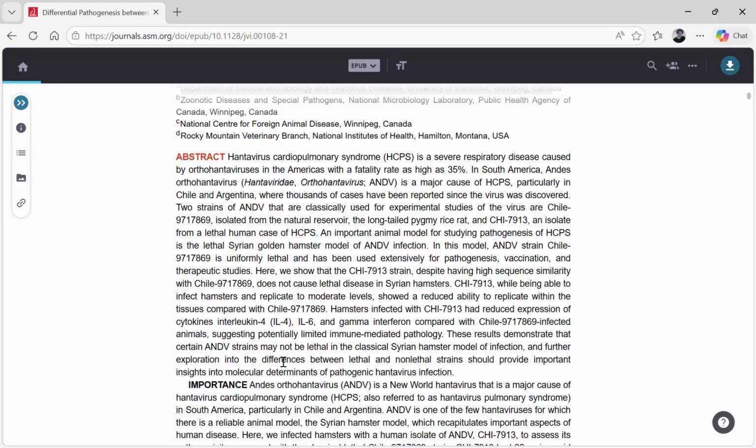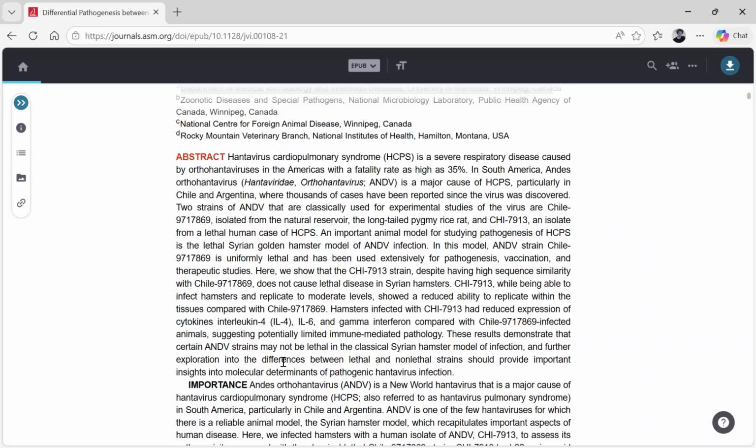These results demonstrate that certain Andes virus strains may not be lethal in the classical Syrian hamster model of infection. So something that could still kill the human isn't being captured in the hamster model. And further exploration into the differences between the lethal and non-lethal strains should provide an important insight into molecular determinants of pathogenic hantavirus infection.